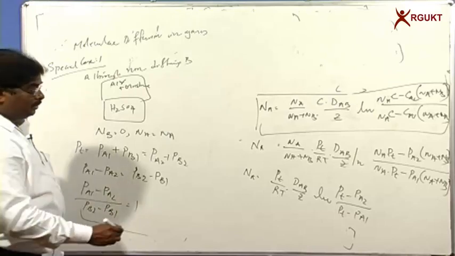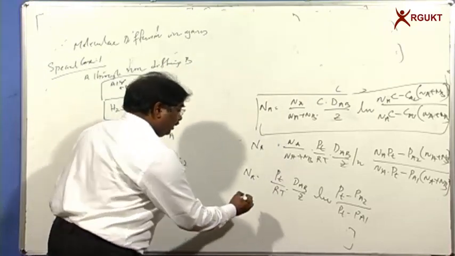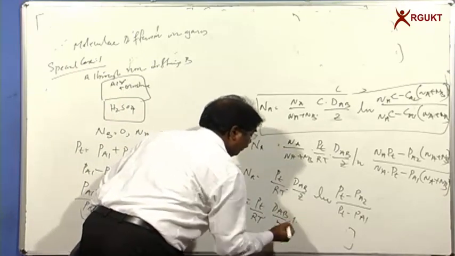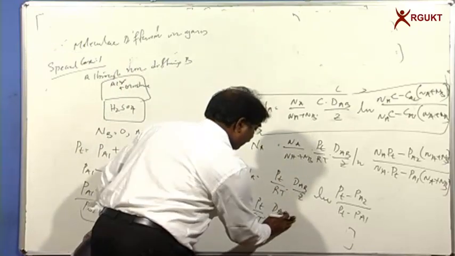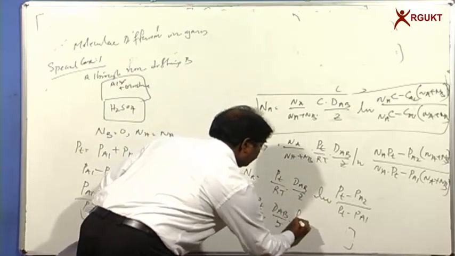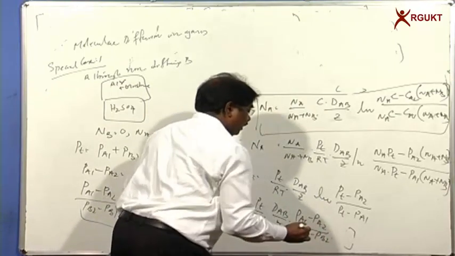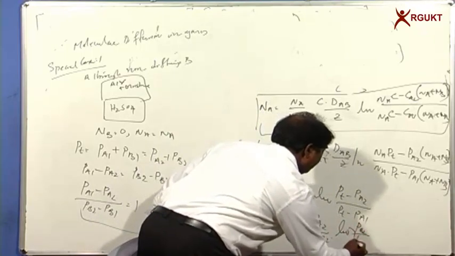So in this expression, we can write Pt by Rt dAb by Z, and multiply by 1, where 1 can be written from this equation as Pa1 minus Pa2 divided by Pb1 minus Pb2 multiplied by ln of Pb2 by Pb1.